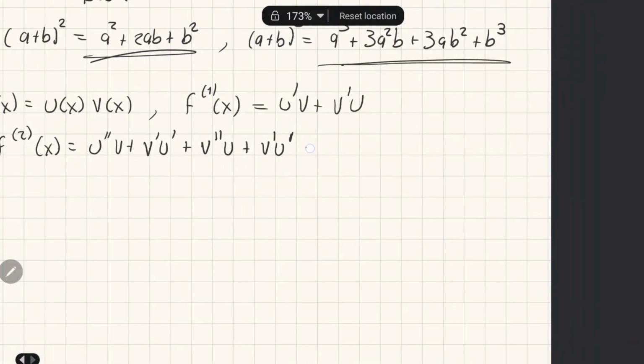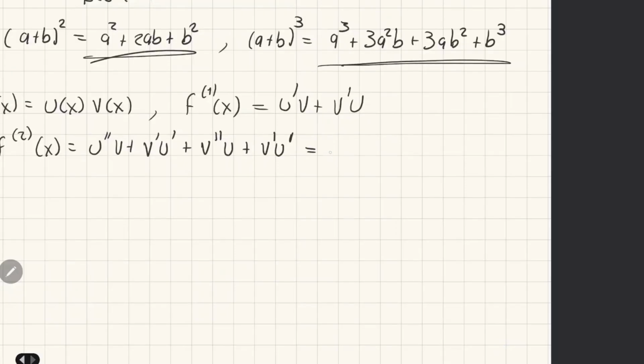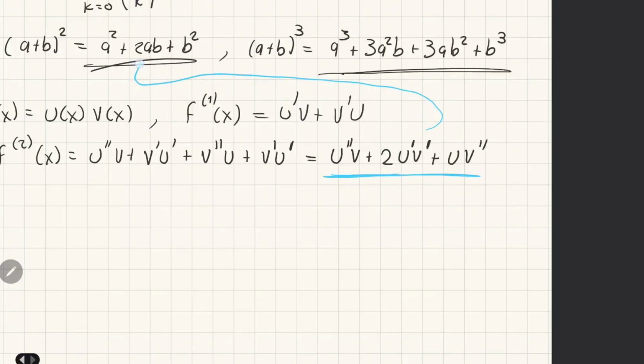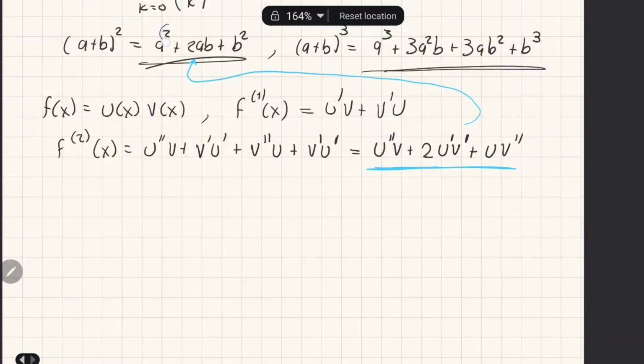So as you can see, this will have the next structure, u'' b plus 2 times u' b' plus u b'', right? So you can see that it has a very similar structure to this thing that we have here, right? It's like just switching the exponents for the order of the derivatives.